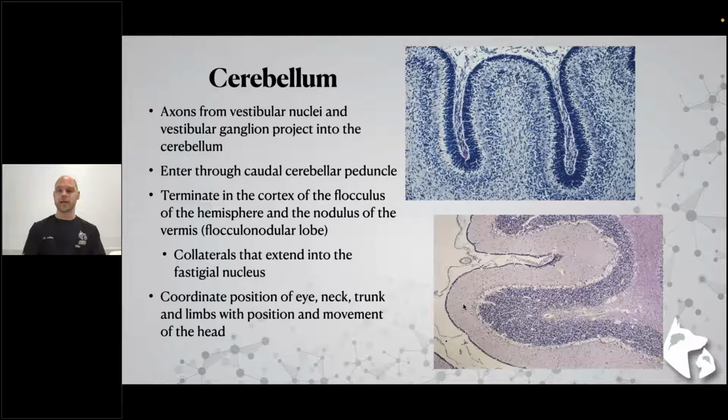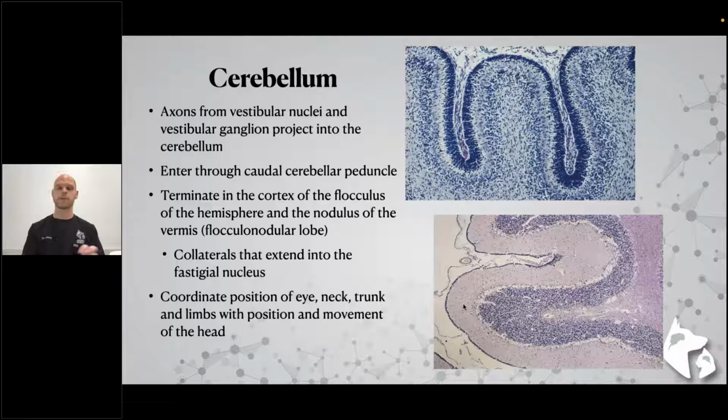These axons course through the caudal cerebellar peduncle, which will be important later, and then terminate in the cortex of the flocculus of the hemisphere and the nodulus of the vermis, also known as the flocculonodular lobe of the cerebellum. Then there are collaterals that extend into the vestibular nucleus.